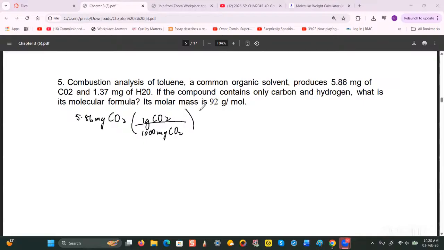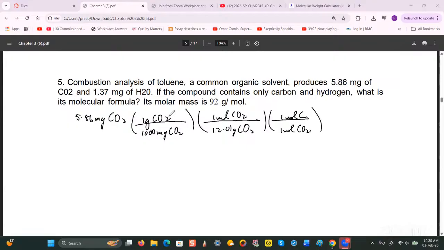And then the next step is to convert from grams to moles. So I'm going to have 1 mole of CO2 above and 12.01 grams of CO2 below, right? Now, in the previous question, I continued to find out, actually, let me do this. So the next step would be 1 mole of carbon dioxide below and 1 mole of carbon above.